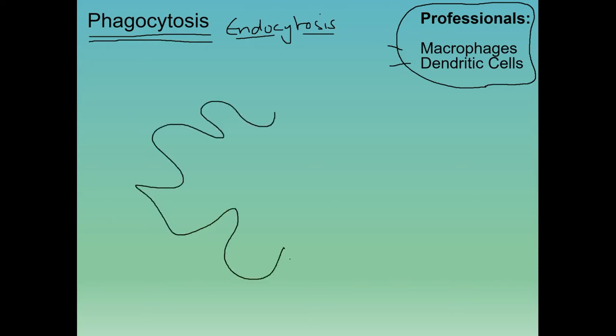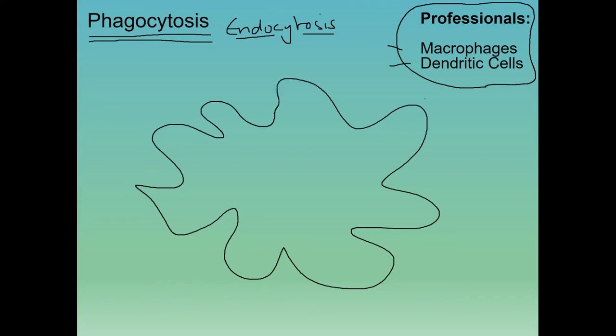Let's set up the cell membrane of a dendritic cell. A dendritic cell is a white blood cell, and really we should be using leukocyte, which is the name for the white blood cell. And it is a phagocyte, so it means it's part of the non-specific system, and it eats things that it knows shouldn't be there. It doesn't really identify and mount a response to that particular virus, it just knows that that shouldn't be there.